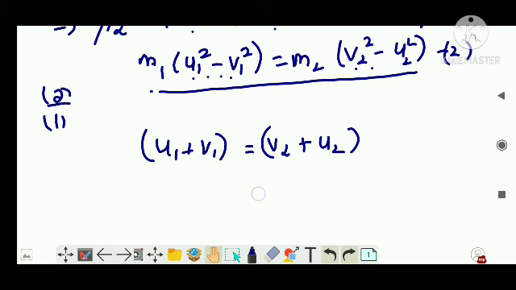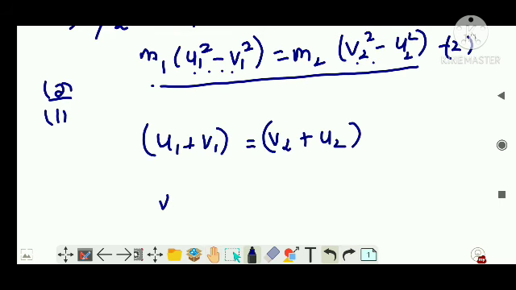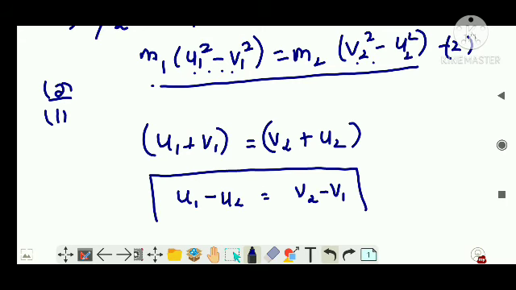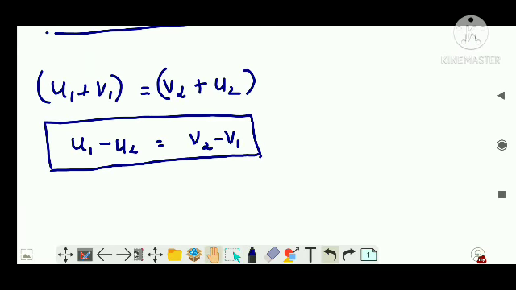Now I'm going to rearrange this equation. This is very important. Let's bring the initial velocities to one side: u1 minus u2 is equal to v2 minus v1. Very important, because you are going to get a sense of something. What is u1 minus u2? The velocity difference between the two masses m1 and m2 initially.